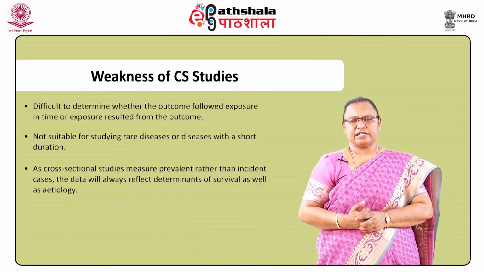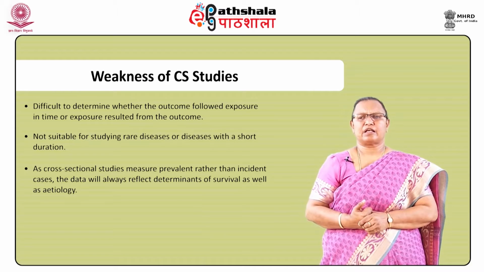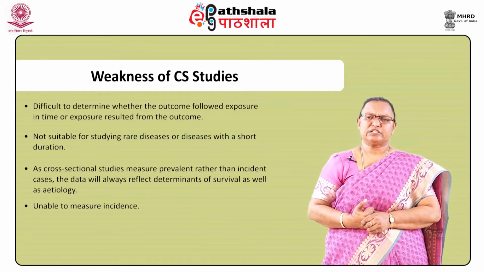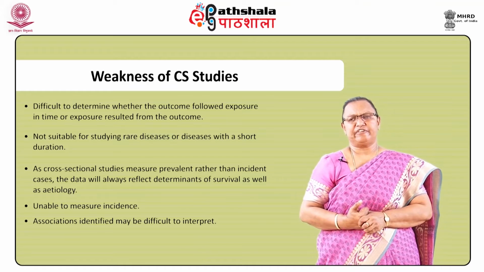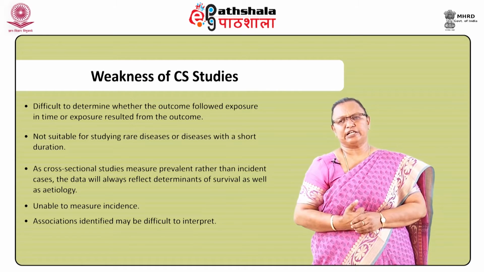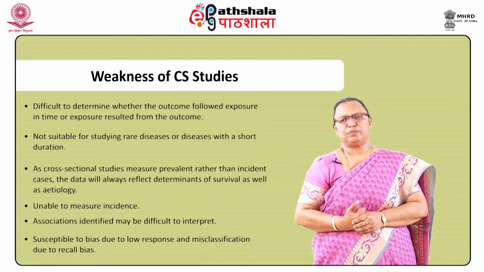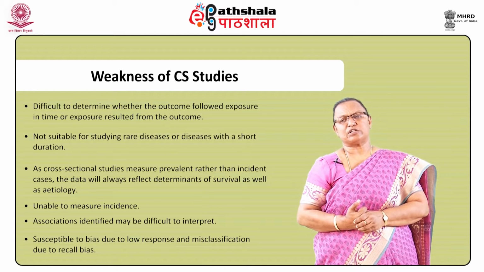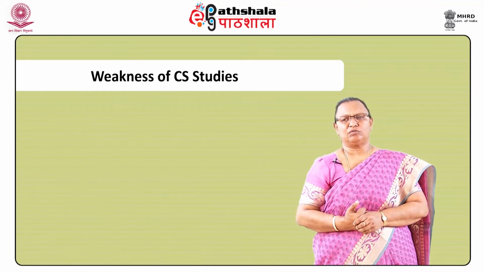As cross-sectional studies measure prevalence rather than incident cases, they are unable to measure incidence. Association identified may be difficult to interpret. Also, they are susceptible to bias due to low response and misclassification due to recall bias.